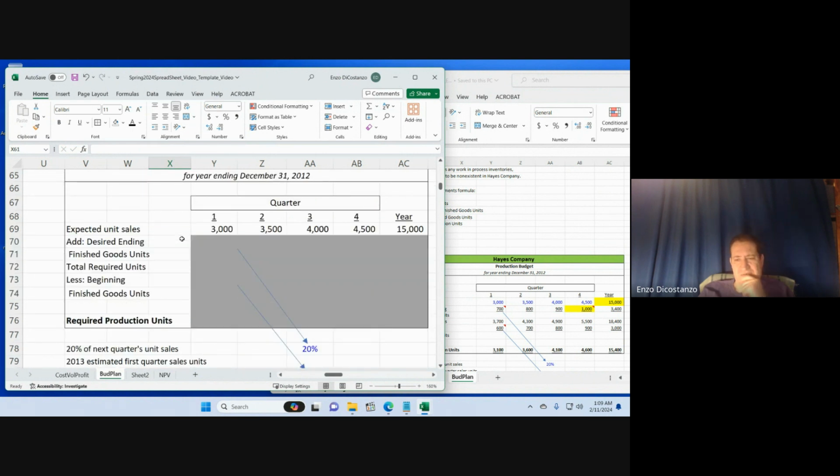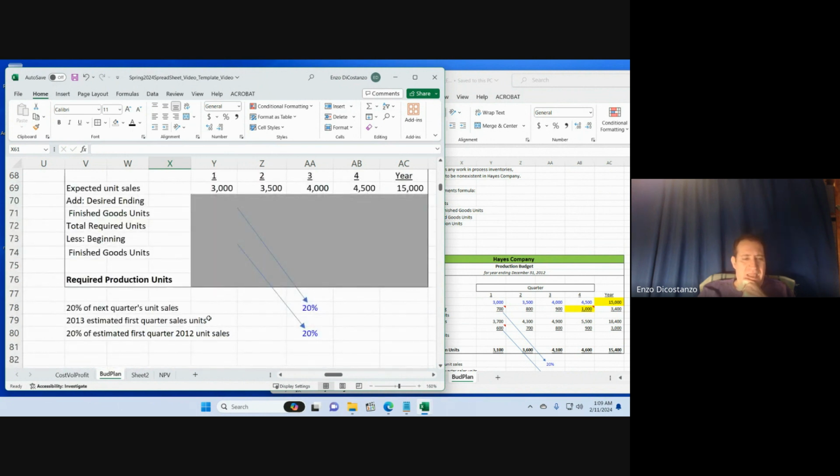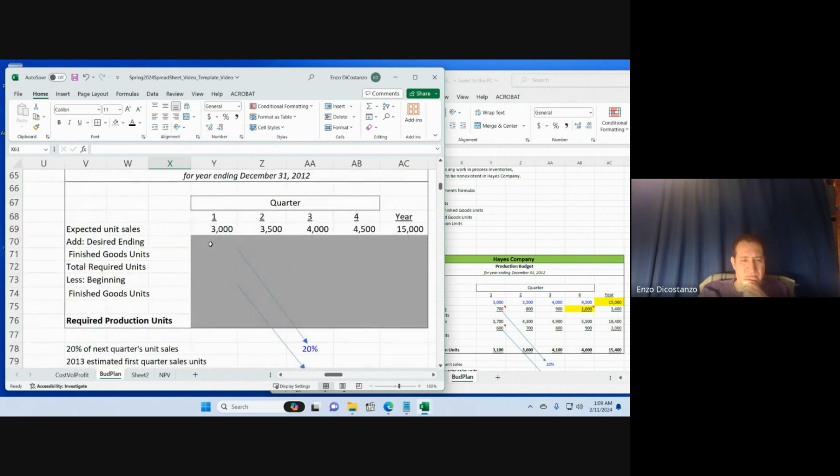That's where this starts. Now, you want to end with a certain amount of finished goods units. You want 1 out of 5 of what you're expecting to sell next quarter in your ending. In other words, you want 20% of next quarter's sales already made, so you don't have to produce any more.